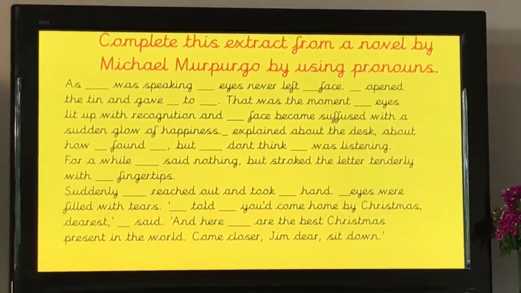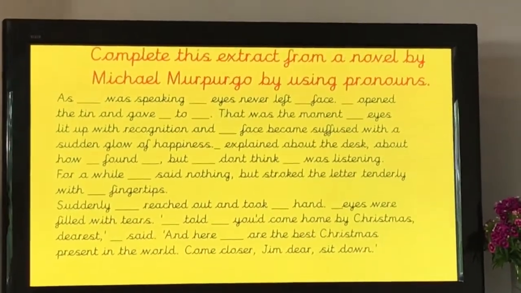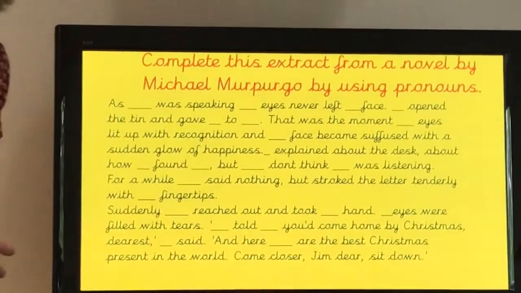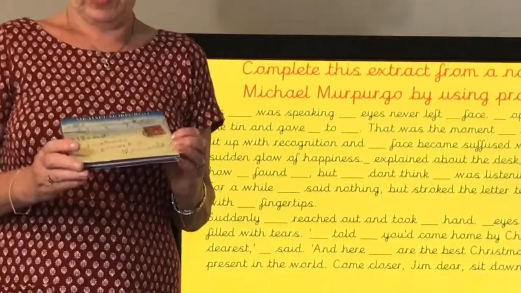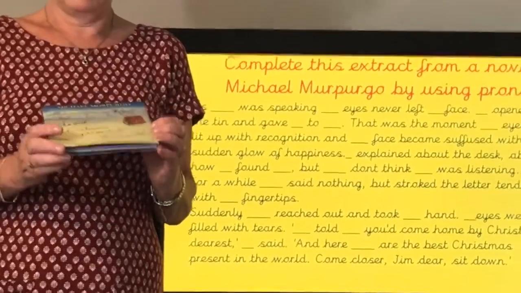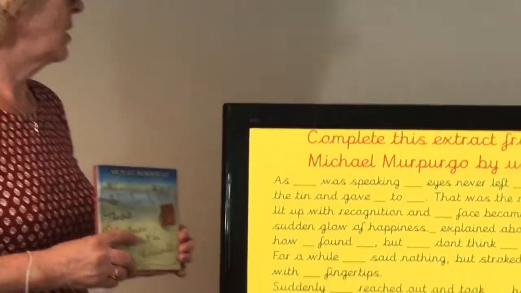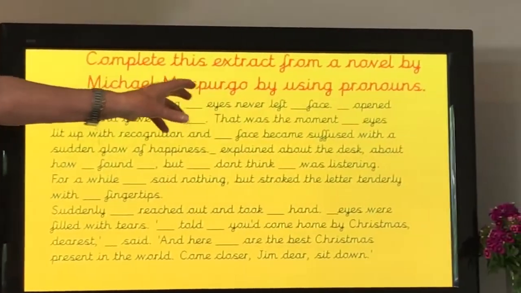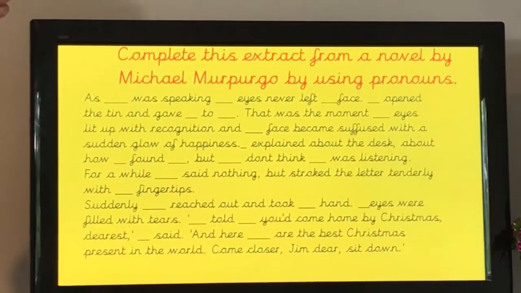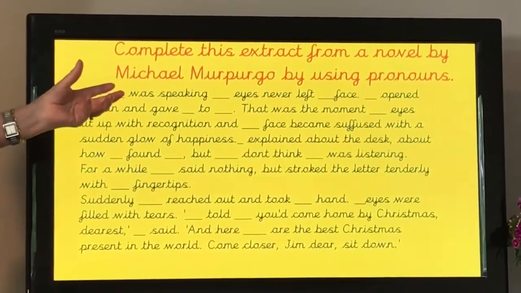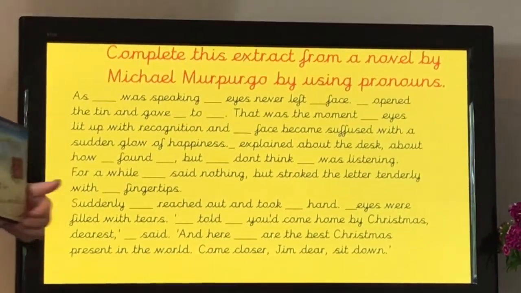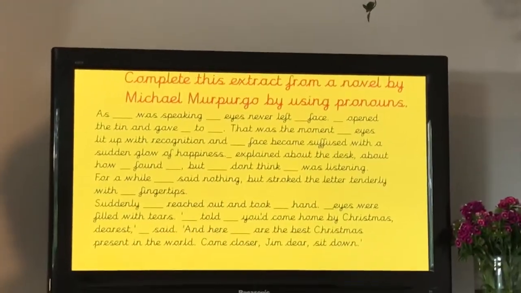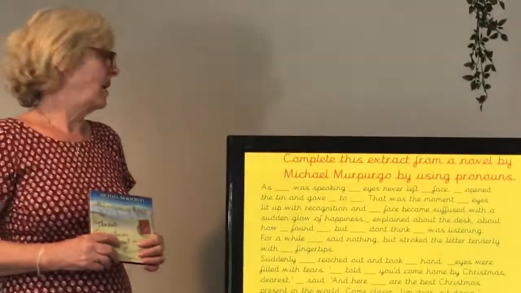Year 6 did this book last year, so I think they will recognise it as one of the loveliest books Michael Morpurgo has written, and it's called The Best Christmas Present in the World. Now, I've taken out all the pronouns, so what I'd like you to do is copy that into your journal or on a piece of paper and put in every time that there is a pronoun and then underline it. So stop the tape and have a go.